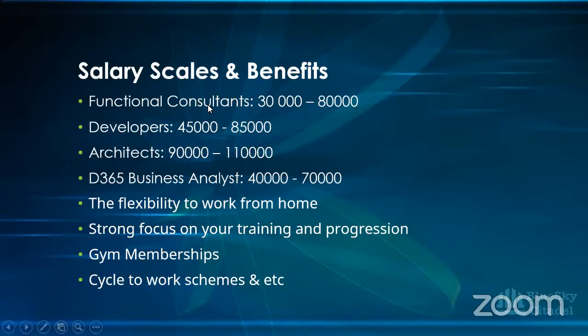So you've got, for example, functional consultants. If you become a functional consultant, the salary ranges from about 30,000 to about 80,000 pounds per annum. For developers, you're looking at about 45 to 85,000 pounds. Architects, it goes slightly higher. You're looking at about 90 to 110.